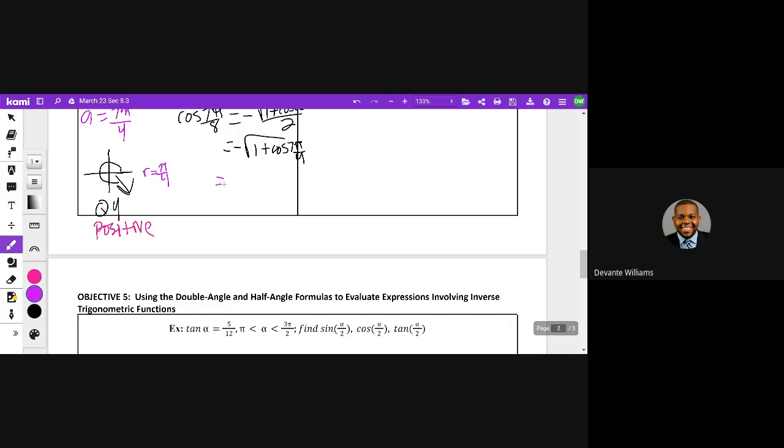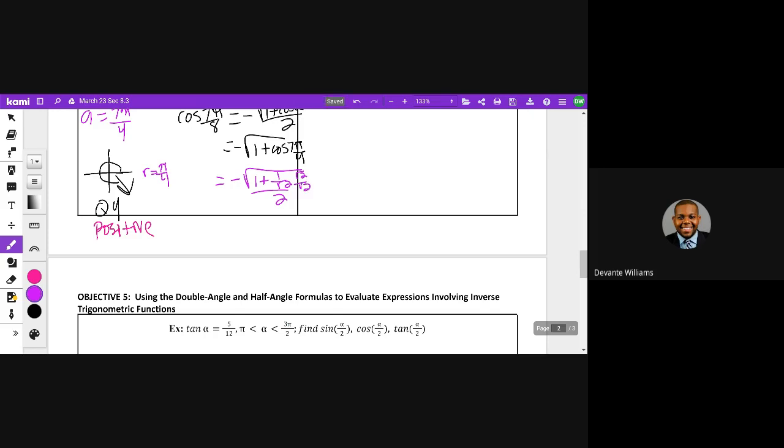Now we've got negative square root of (1 plus 1 over the square root of 2) all over 2. All right. So now we have to simplify our radical here. We've got a fraction inside of a fraction, and we want to get rid of that. So we're going to multiply everything by the square root of 2 over the square root of 2, top and bottom.